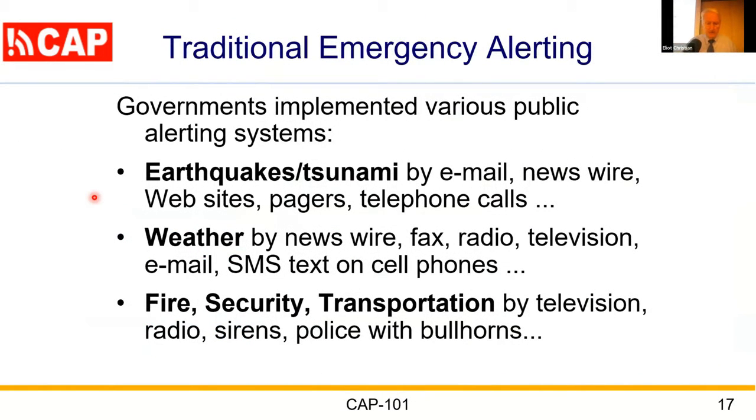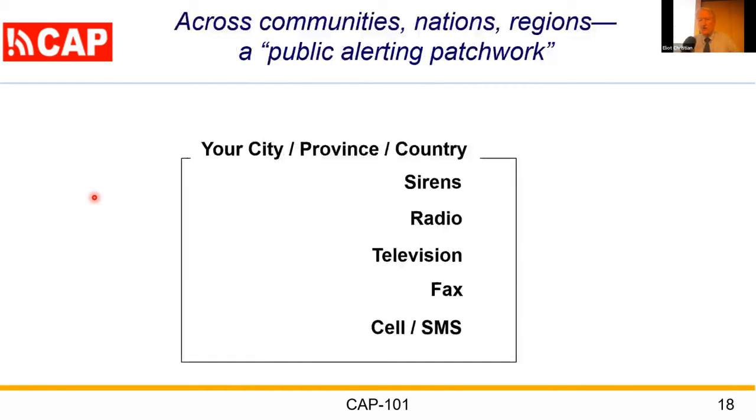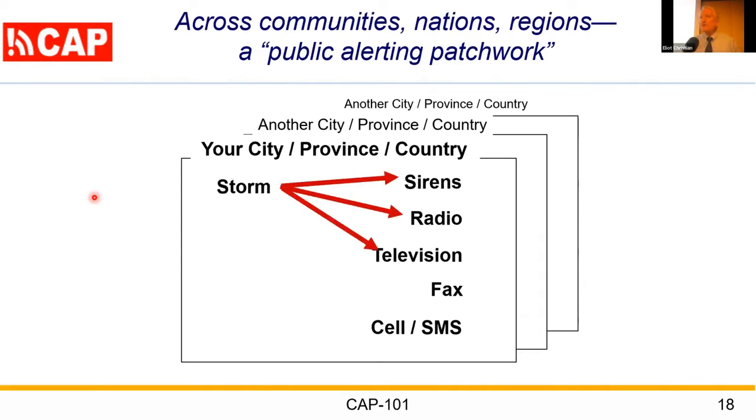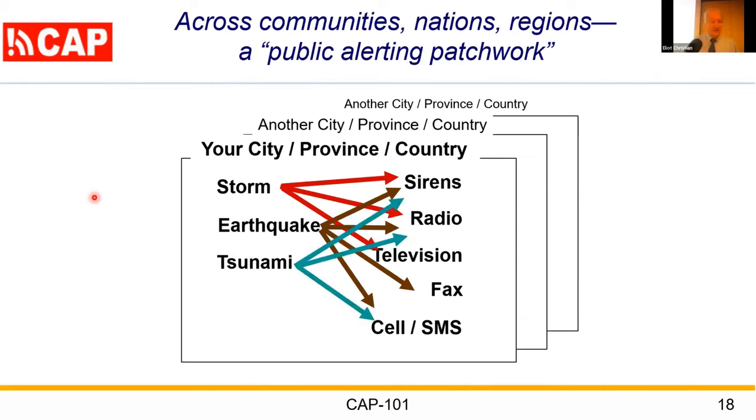Traditionally, governments implemented a vast range of alerting systems, from local communities up to entire nations. Societies everywhere have a patchwork of systems. These are often designed just for a particular emergency situation, communicating over a particular communications media.